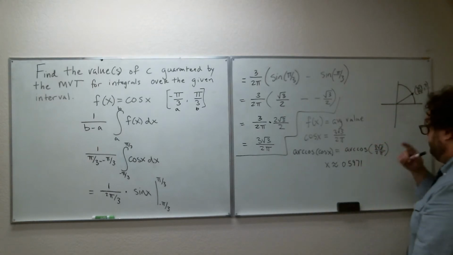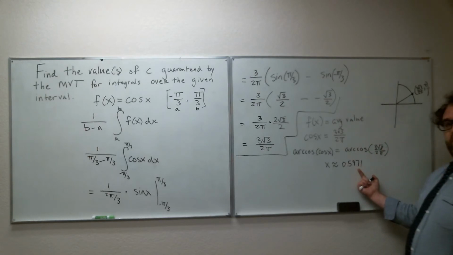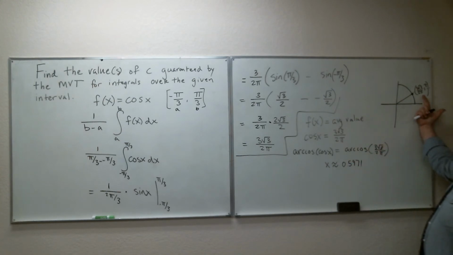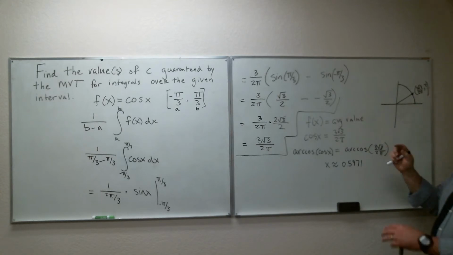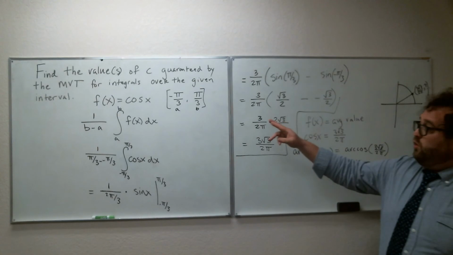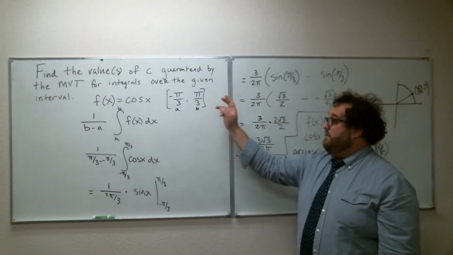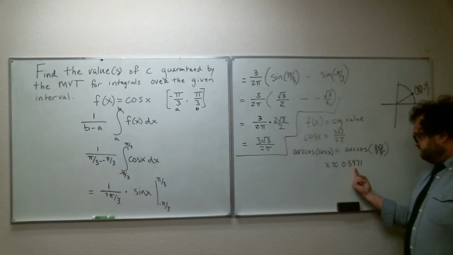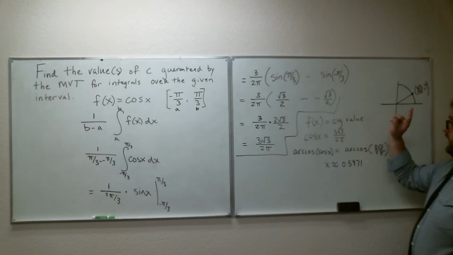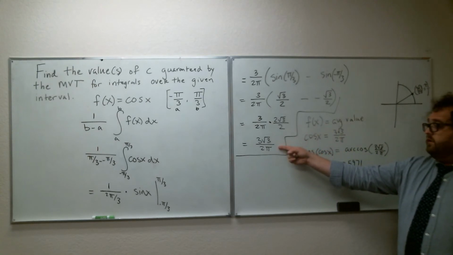Okay, so that is the angle that has, if you're thinking about a unit circle, that's the angle that gives a y value of 3 root 3 over 2 pi. But if you're thinking about just cosine in a normal sense, like a cosine over this interval, that means at the x value of approximately 0.5971, there is a y value of 3 root 3 over 2 pi.